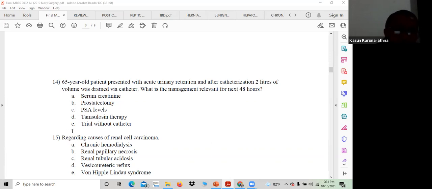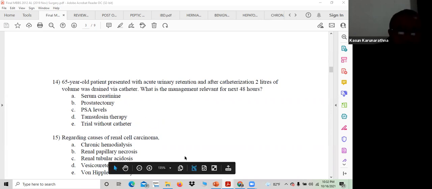Then you start medical therapy, catheterize, then try a trial without catheter in about 5 to 7 days. Right? Then evaluate with ultrasound scan, pre- and post-void volume. If it is malignant looking, you plan for transrectal ultrasound guided biopsy. Right?